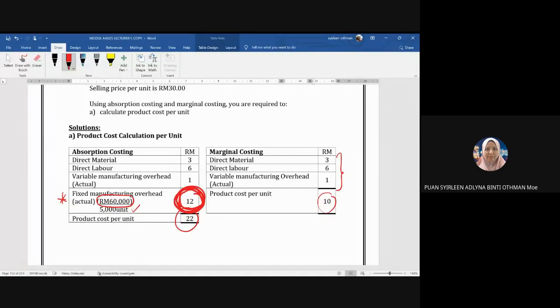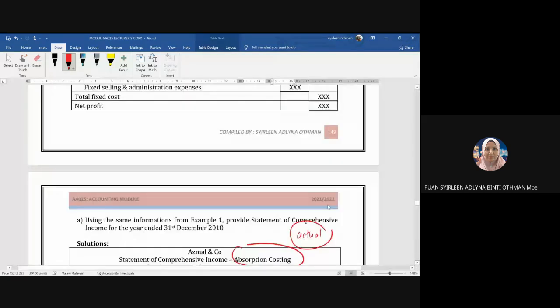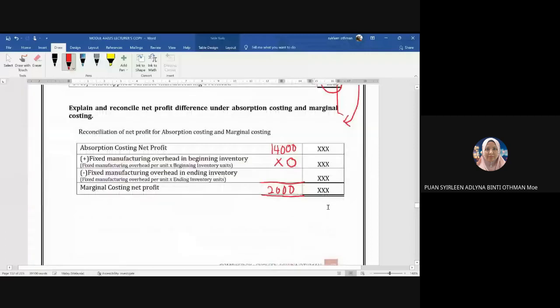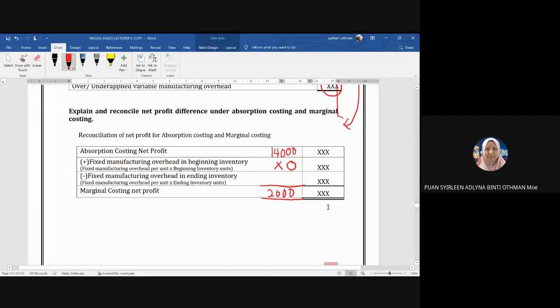So now, bila awak pergi pada reconciliation, okay, so di sini kita akan ambil RM12 darab kosong. Okay, so ini 14,000, ini kosong. And then kita akan minus fixed manufacturing overhead in ending inventory. So dia ialah RM12. Ending inventory unit tadi 1,000 kan? So ini ialah 12,000. Okay?